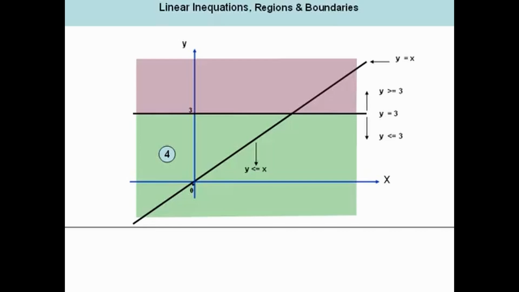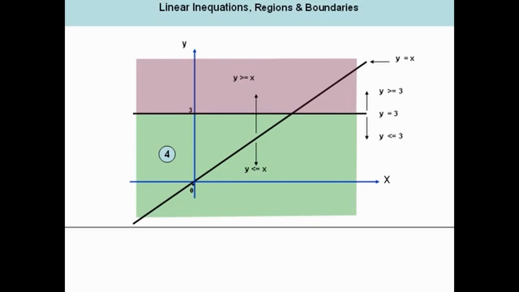And of course, everything above the line y equal x is another region and defined by the inequation y is greater than or equal to x. So what we noticed is that above the line is greater than or equal to, and below the line is typically less than or equal to.